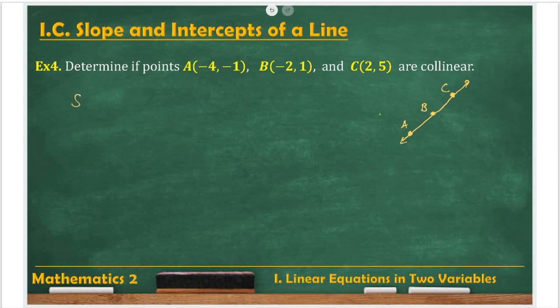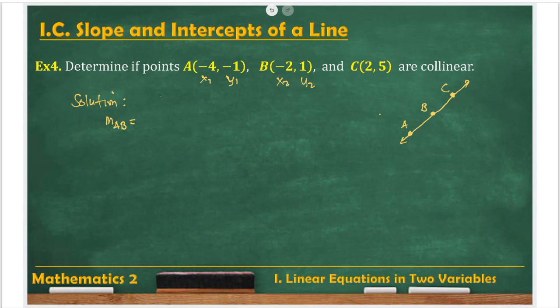So for our solution, we can first determine the slope of the line passing through points A and B. We can label the slope as M sub AB. So let's say our x sub 1 is negative 4, and y sub 1 is negative 1, and x sub 2 is negative 2, and y sub 2 is equal to 1.